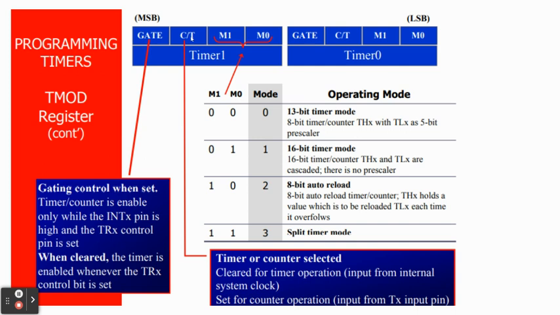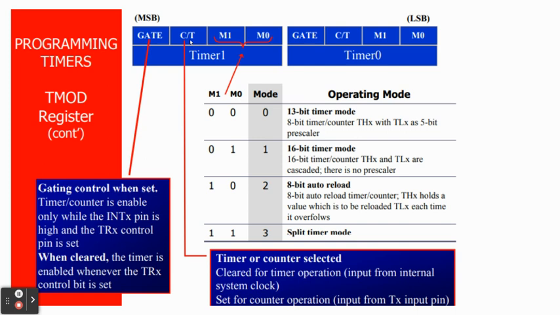On the other hand, if you want to use it as a counter, then the C or T must be equal to 1. Again, if this is equal to 1, it will be used as a counter. If C or T equals 0, then it will be used as a timer.